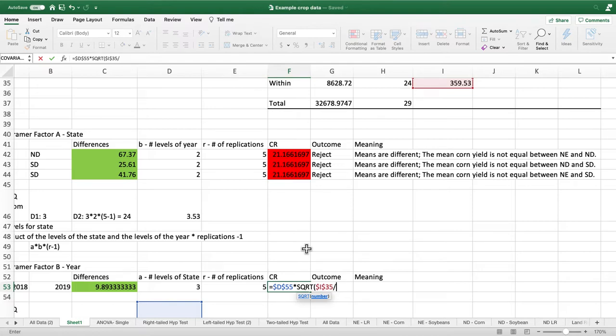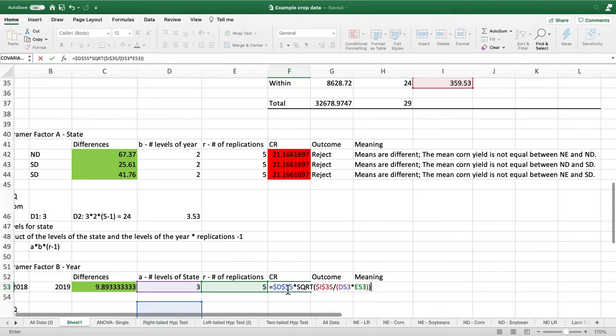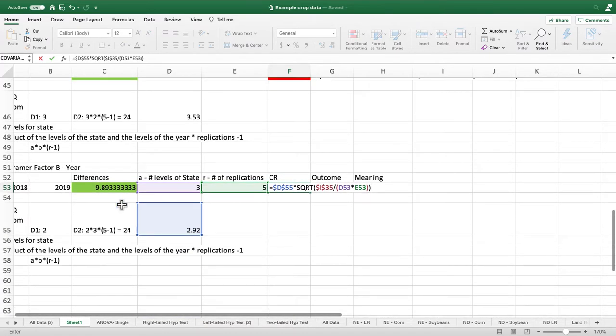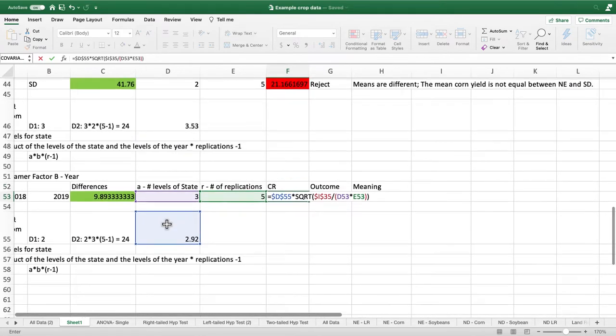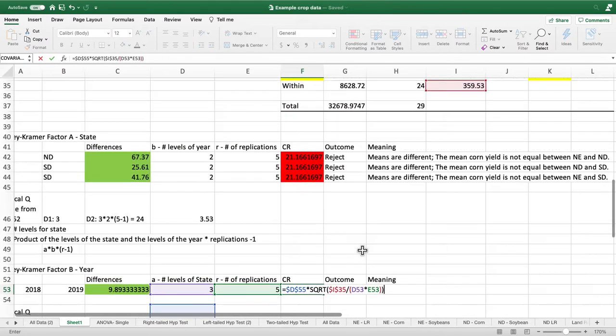Divided by our level of state times the number of replications. Make sure we close that. So again, we've got our Q value down here times the square root of the mean square error.